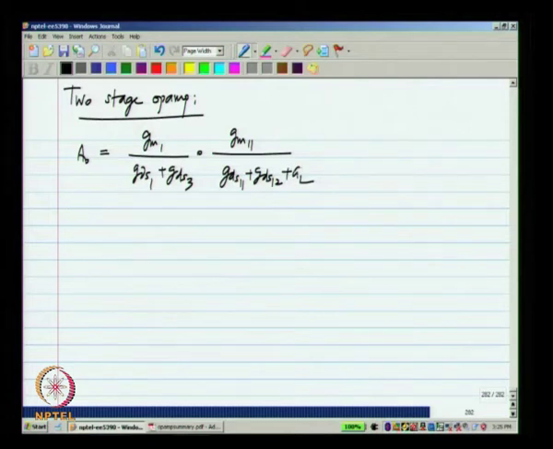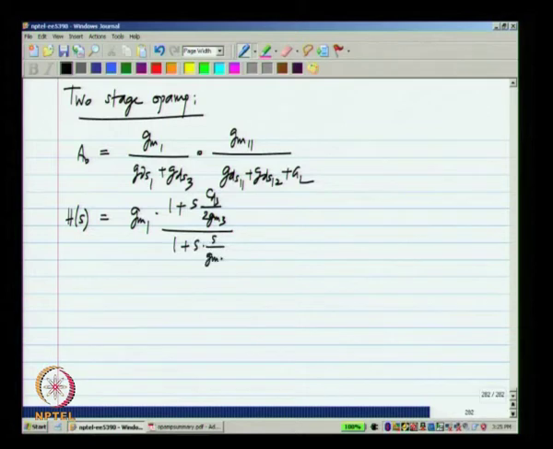And the frequency response can be written as GM1, the transconductance of the first stage, and a 0 and pole which appear due to current mirroring, and the right half plane 0.